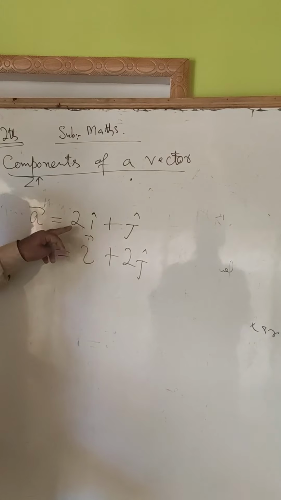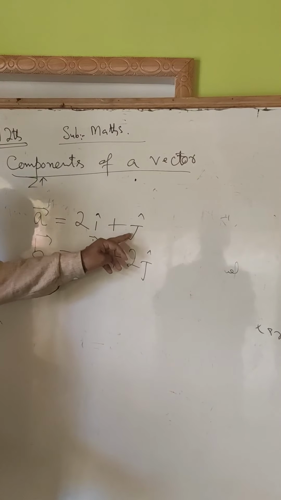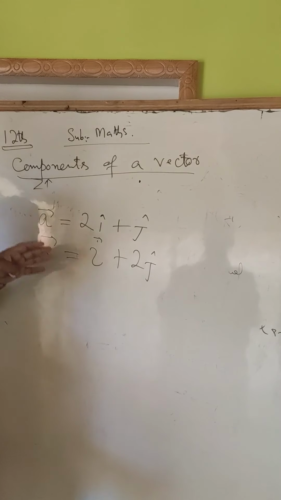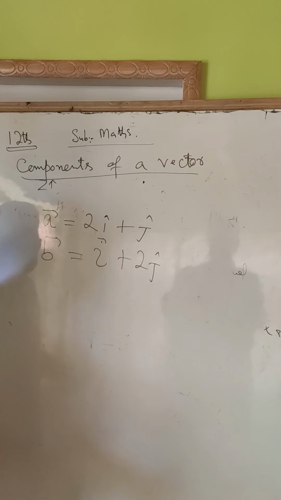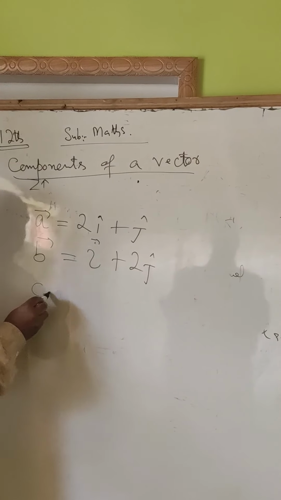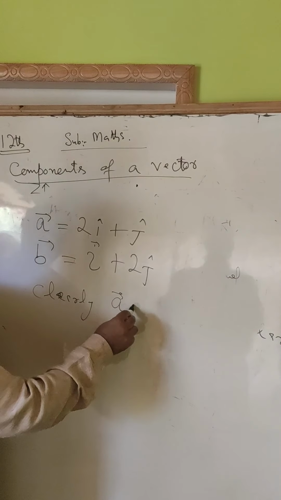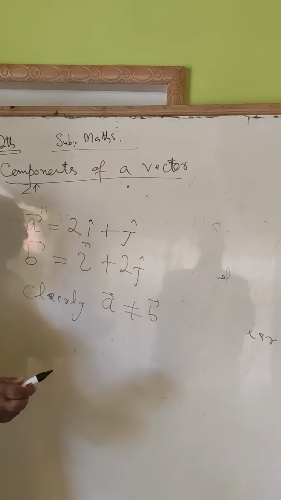Here, i का कोएफिशिएंट है 2, यहाँ i का कोएफिशिएंट है 1, 2 is not equal to 1. यहाँ पे j का कोएफिशिएंट है 1, j का कोएफिशिएंट है 2, 1 is not equal to 2. Means a vector is not equal to b vector.